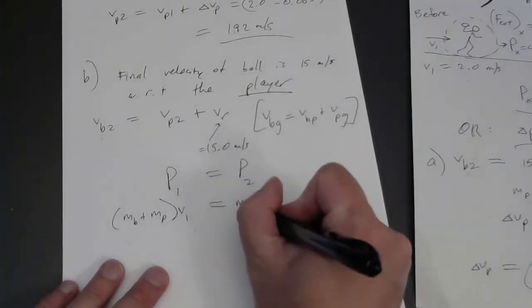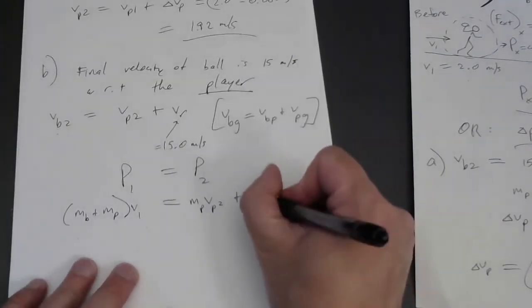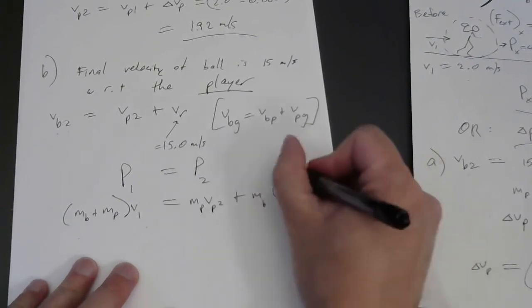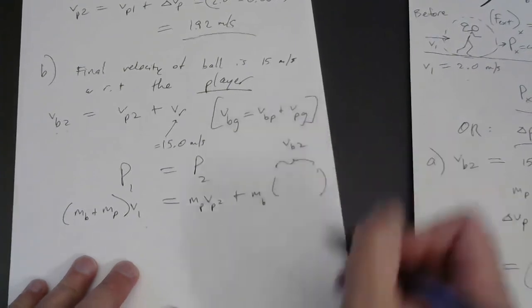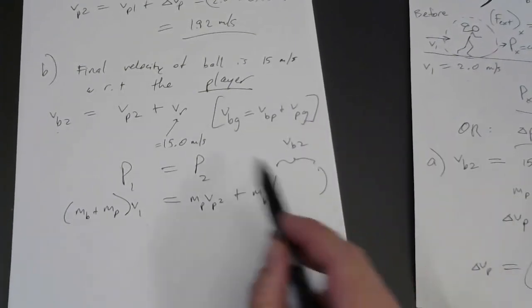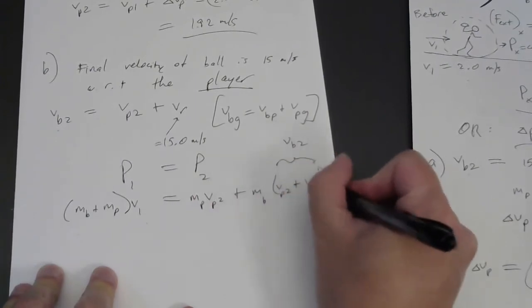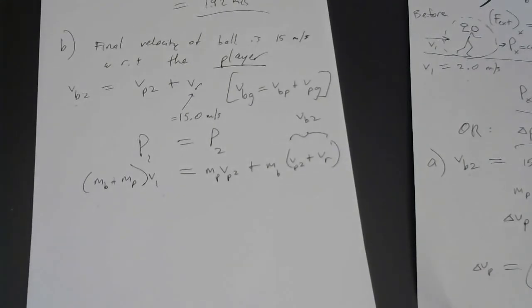There's the mass of the player, velocity of the player at time 2, plus mass of the ball times, now, what I'm really writing here is the velocity of the ball at time 2, but I've just established that that's however fast the player is going plus the relative velocity. So you really have to be careful when you evaluate the various momenta. Make sure you get the velocities with respect to your reference frame, which in this case is the ground.